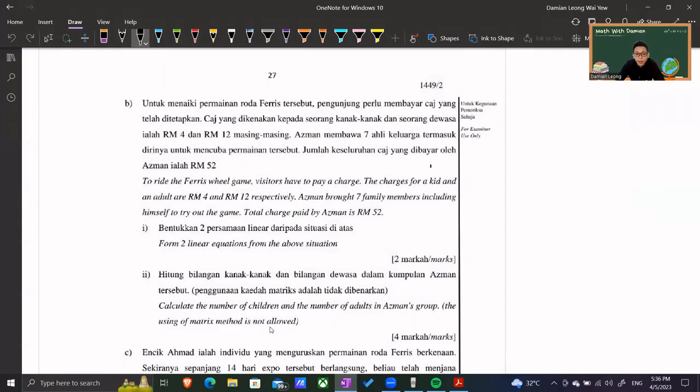Let's say I use K for kids, A for adults, so it's easier to refer. So the 2 linear equations: number of kids plus number of adults is equal to 7, because he brought 7 family members, including himself.